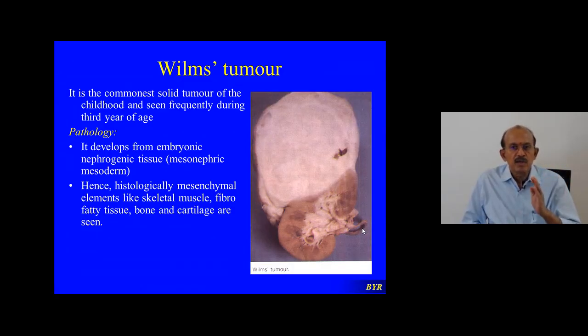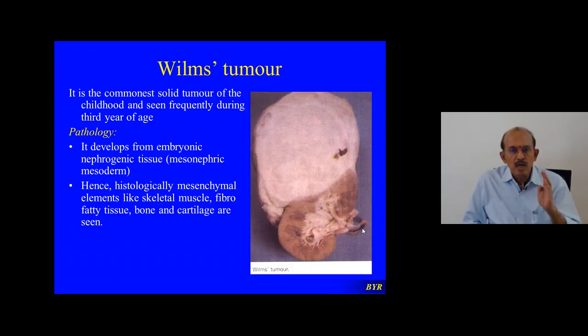Because it is from a totipotent cell, the tumor can produce skin, glands, muscle, cartilage, bone, tubular structures like the alimentary tract. So all these things you can find in the mass. That is teratoma. So teratoma is an embryonal tumor arising from the totipotent cells, which can differentiate into any type of cell in the body.